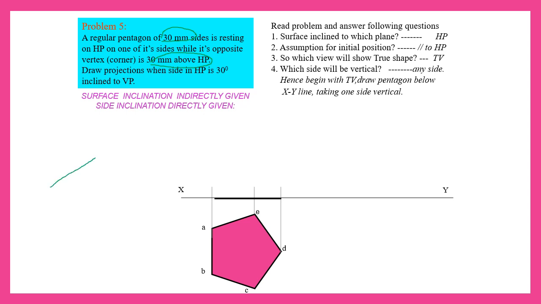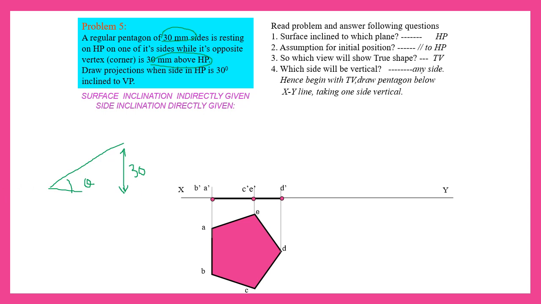What we will usually do is incline this line if the angle is given. This theta will be given. Here theta is not given. Instead of that, this length will be given as 30 mm. So you can see we will get the front view and top view.